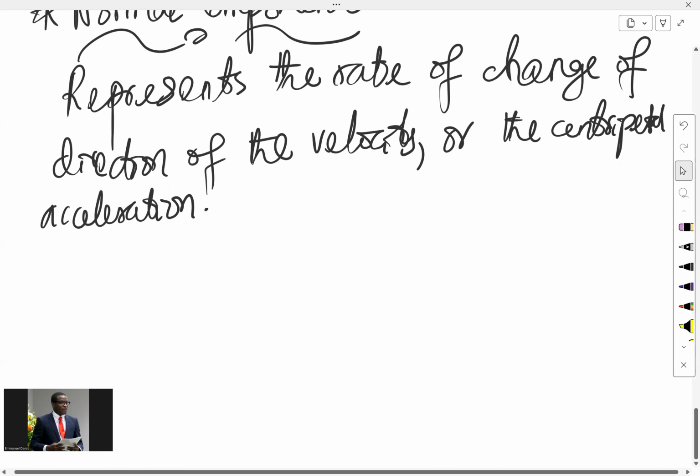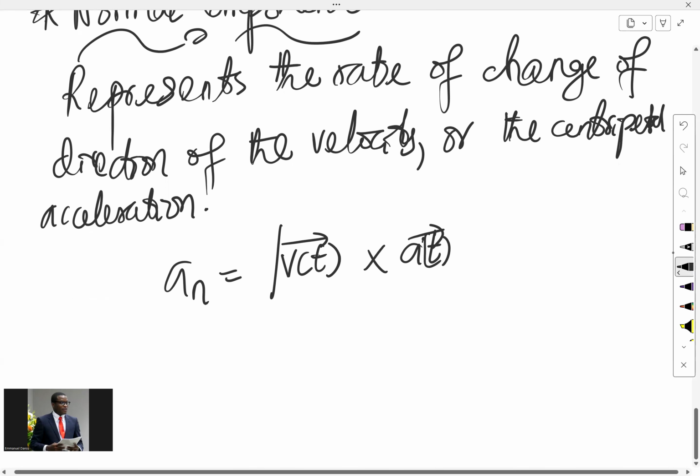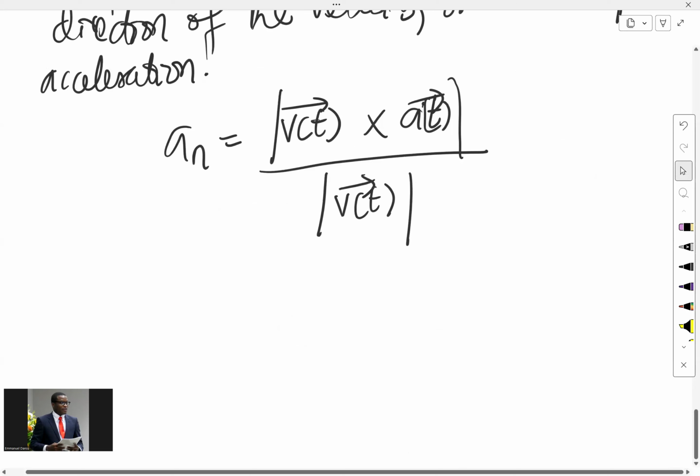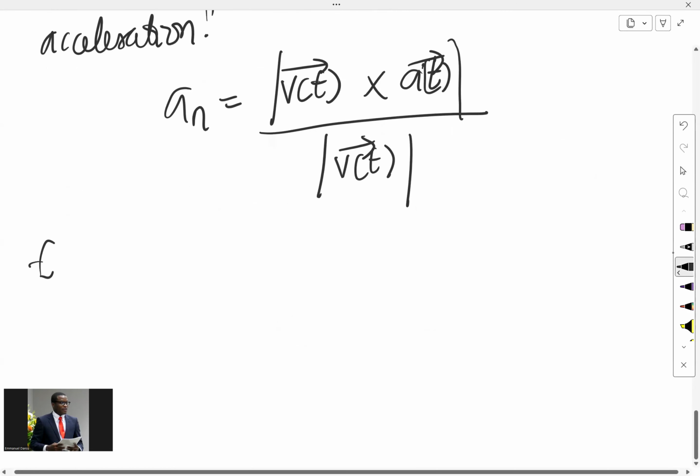And that is given as a_N, which is equal to the absolute value of the velocity vector v cross the acceleration vector a of t, all divided by the absolute value of the velocity vector v. So that is the normal component of acceleration. Now to drive this point home, let's take an example.